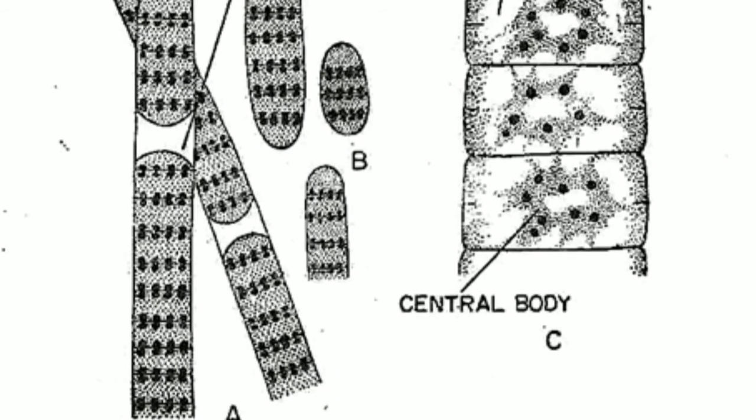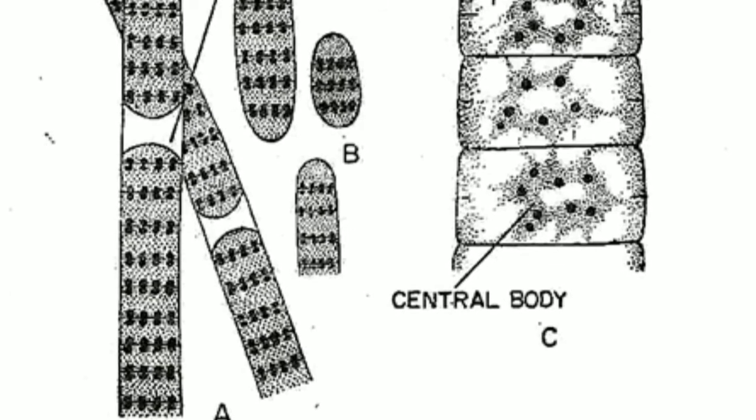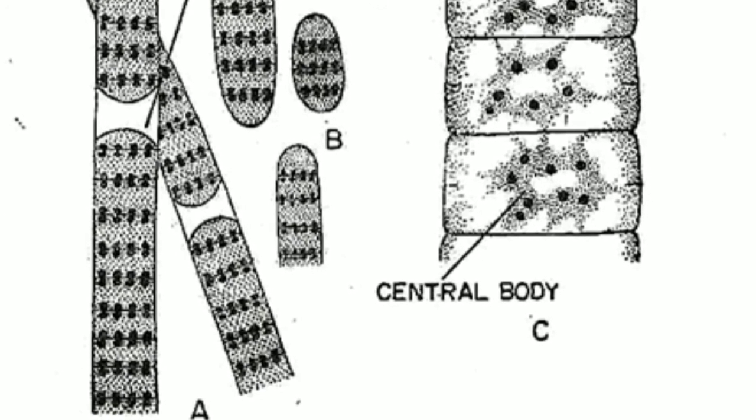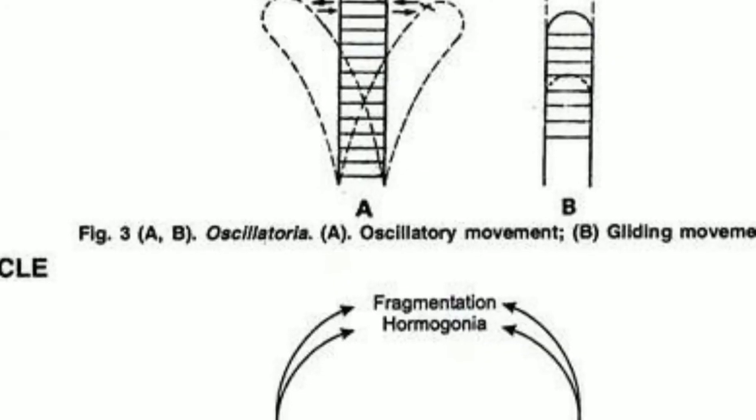Its cell exhibits a typical prokaryotic structure. So these are the basic and general points of Oscillatoria. Now by this we completed this topic.